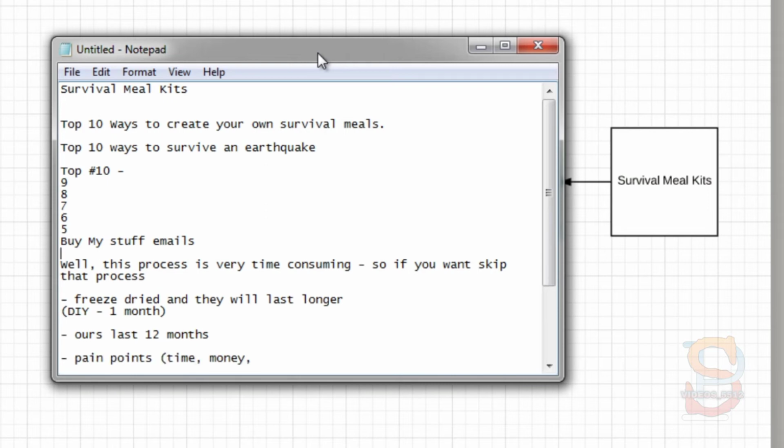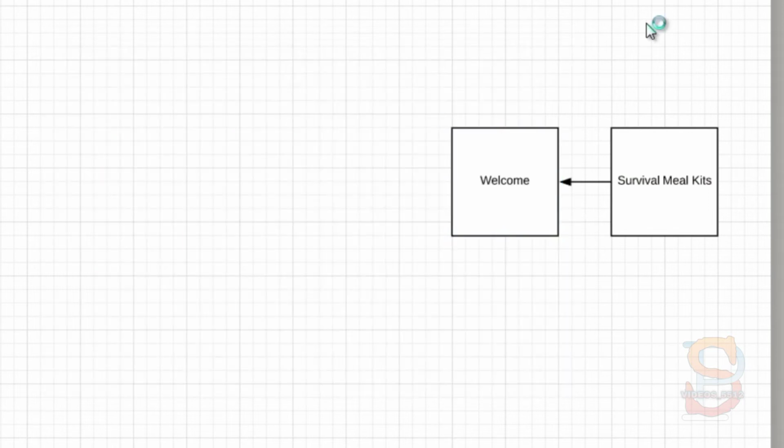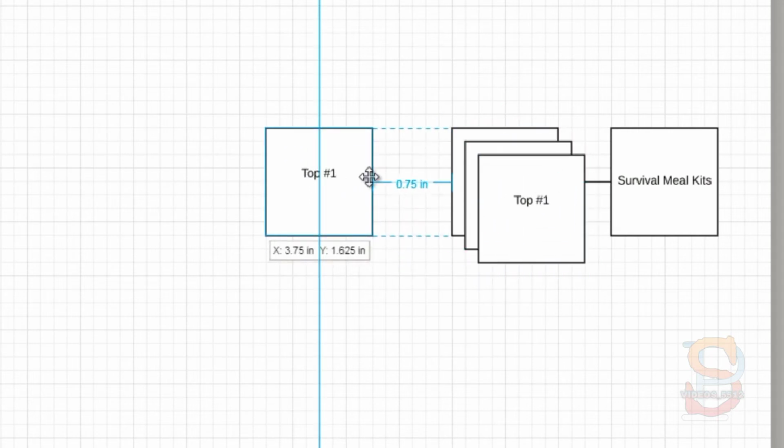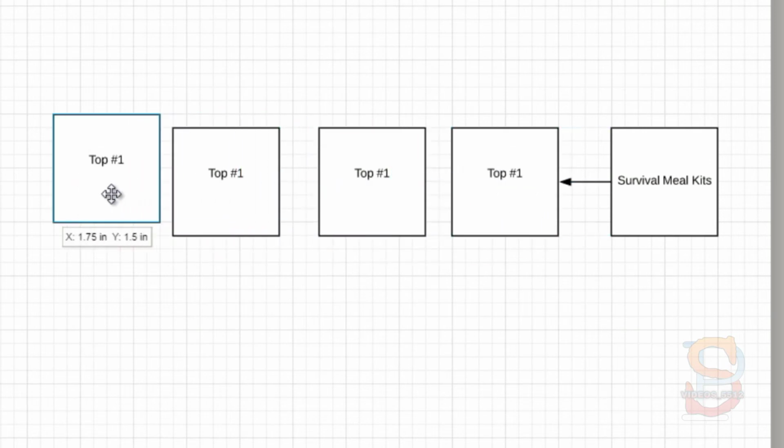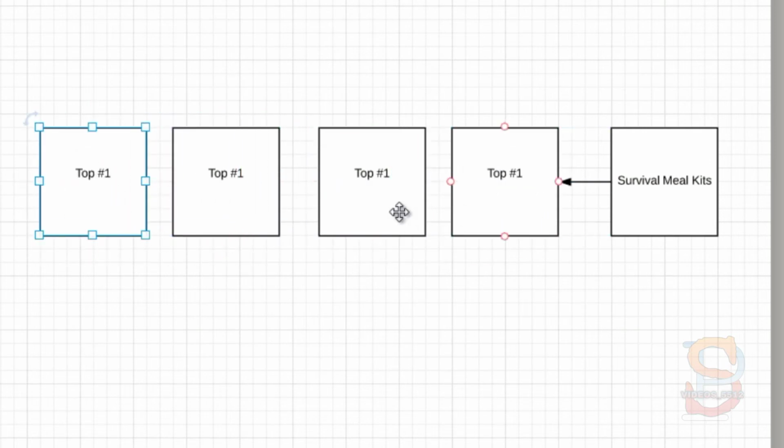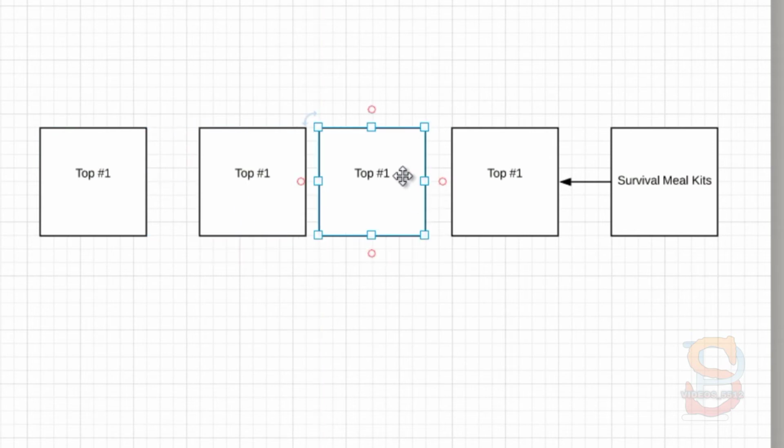So by working backwards, we can say, okay, this can be top number 1, and then this can be 2, 3, 4, and 5. So we can work that in here. Let's just do 4, because the screen's only so big.